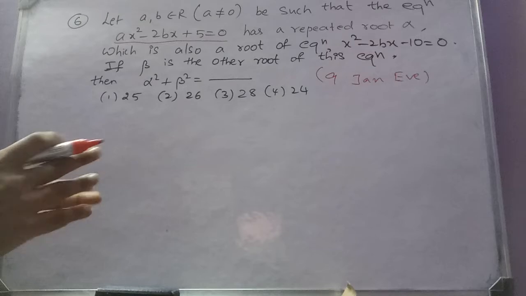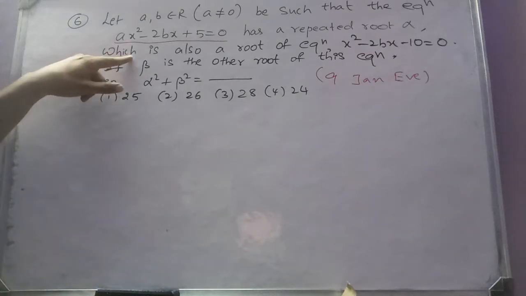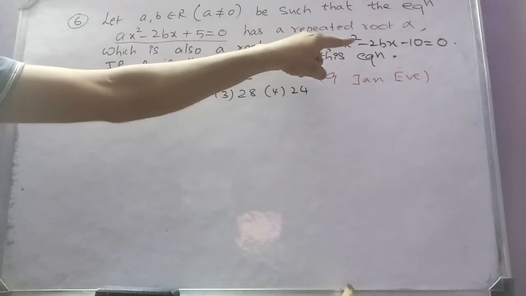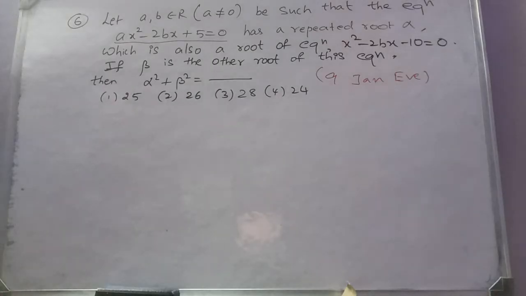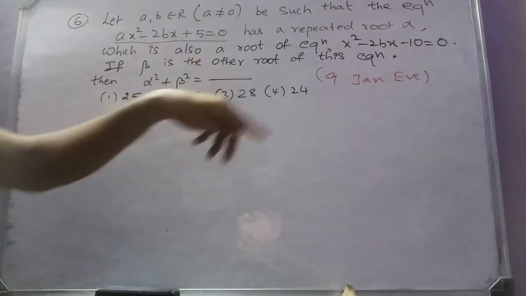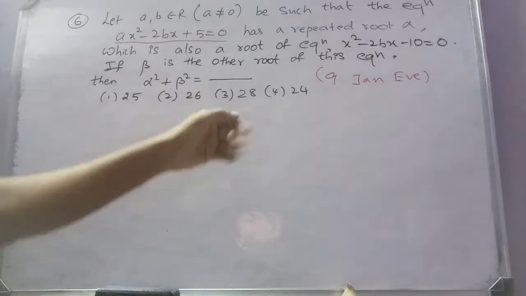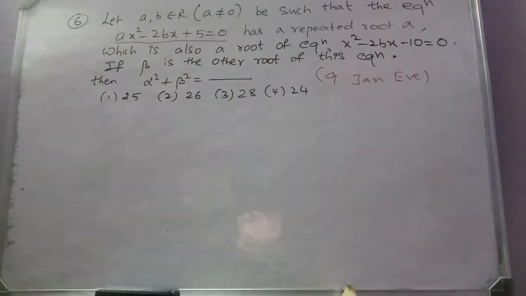Both the roots are alpha comma alpha, which is also a root of the equation x square minus 2bx minus 10 equal to 0. That means this alpha is a root of this equation also. If beta is the other root of this equation, then alpha square plus beta square is equal to how much? Here are your options, and this is a question given in 9th Jan evening shift, the second shift.